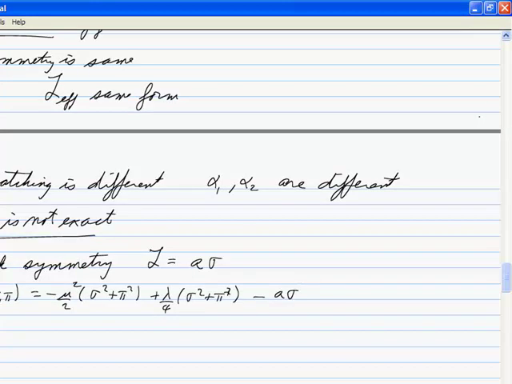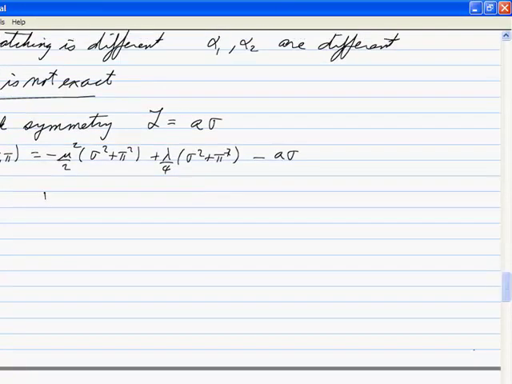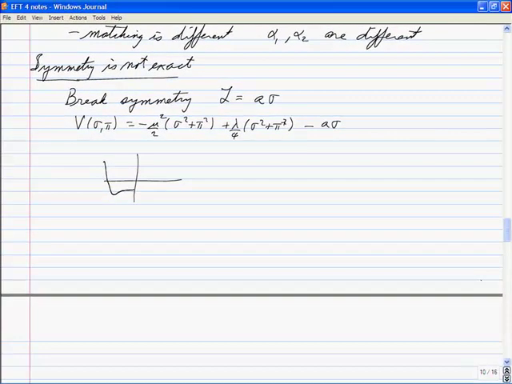Okay, so choosing A positive actually is the right way to go, because then if you look at this potential, this is a tough one to draw well, but it has this feature that's exaggerated a little bit, that this minimum down there is lower, so the minimum on this side is lower than that side because there's a linear piece when sigma is positive.